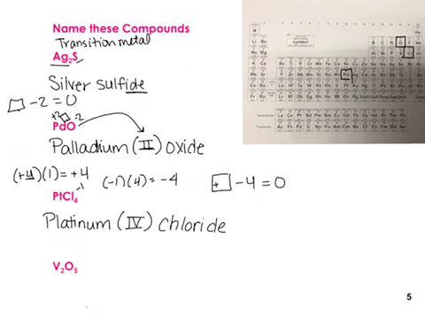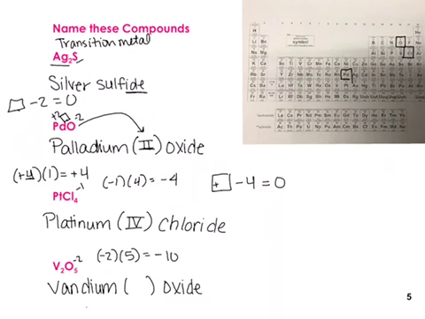So then our last example, we have vanadium. Vanadium's a transition metal, and oxide again. So we look at the charge. Oxygen's a -2. So our overall charge with the oxygen's 5 atoms is a -10. Vanadium has a positive charge, and there's 2 of those atoms, and it has to equal that positive 10 so that we equal 0.